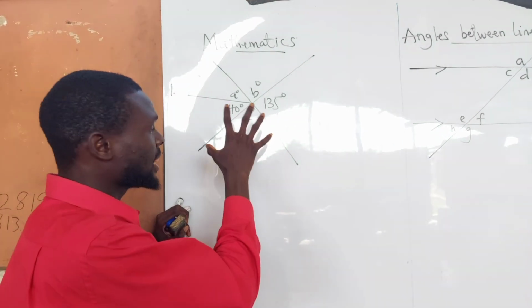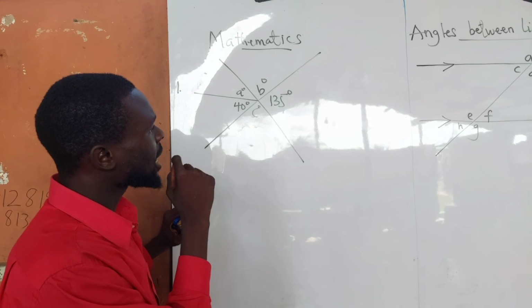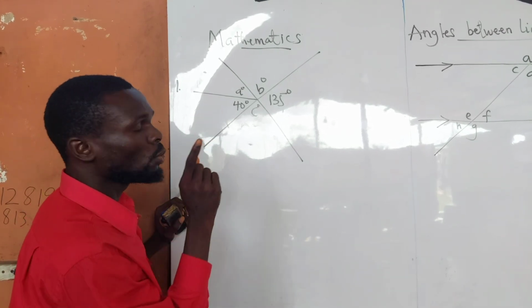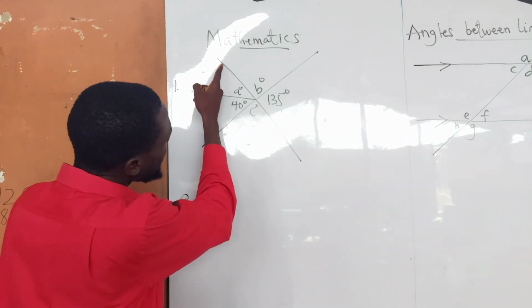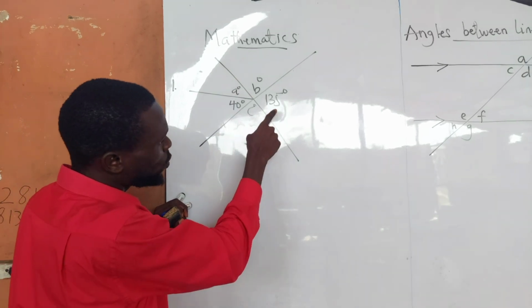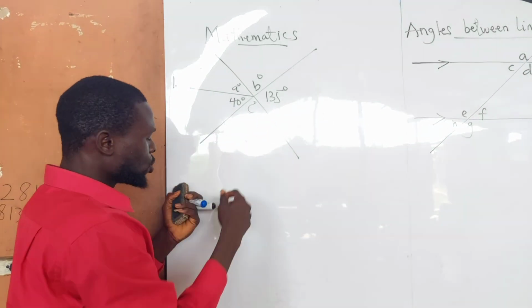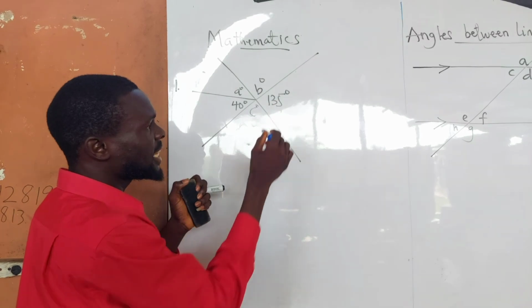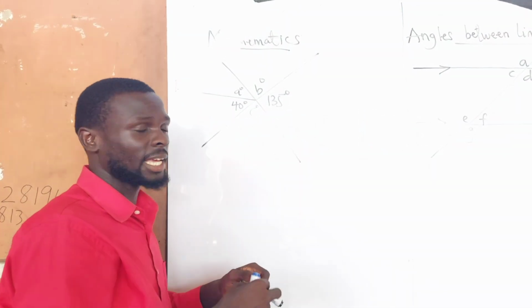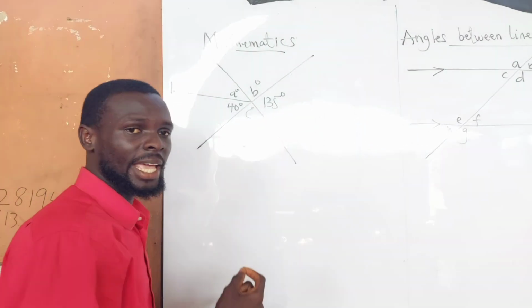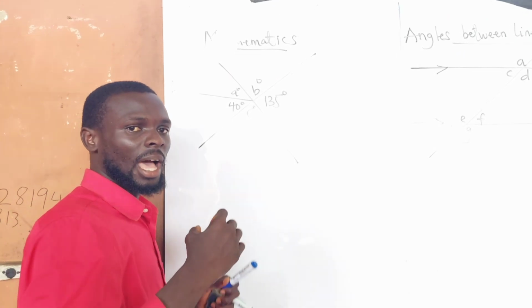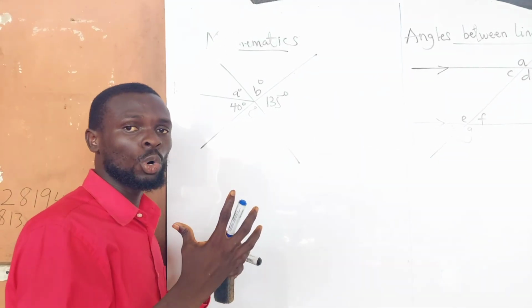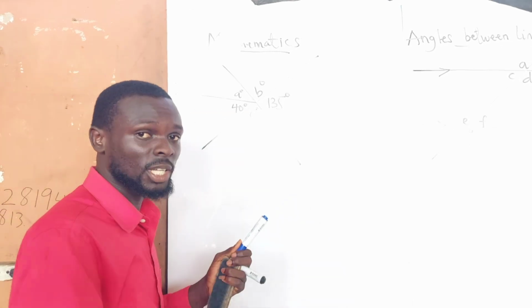Now, if you look at this diagram, you can see that B is on a straight line with 135. So if B and 135 are on a straight line, then we can apply the idea that we know in angles on a straight line.